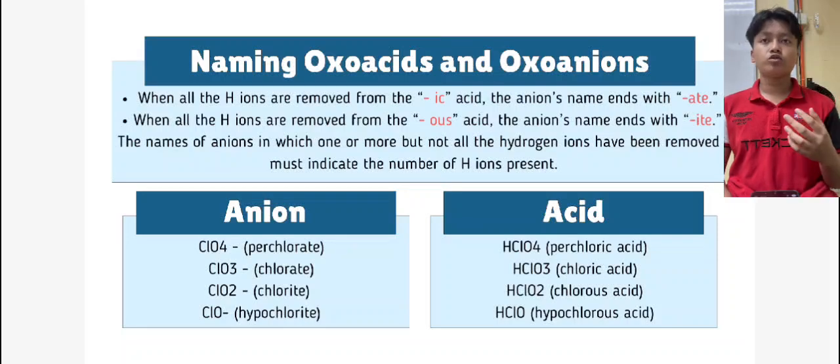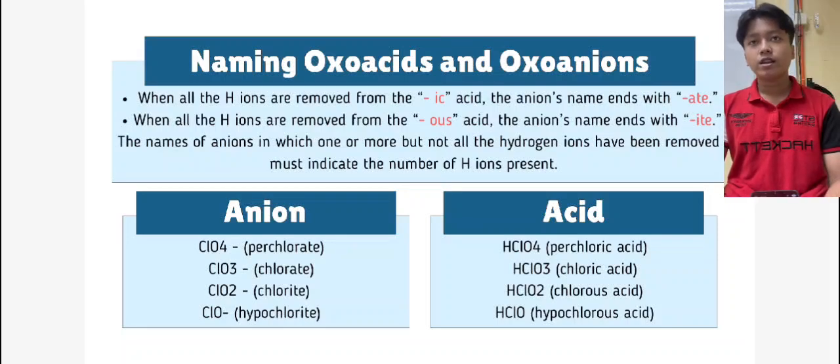Next, I'm also going to be talking about naming oxoanions. When all the H ions are removed from the -ic acid, the anion's name ends with -ate. When all the H ions are removed from the -ous acid, the anion's name ends with -ite.